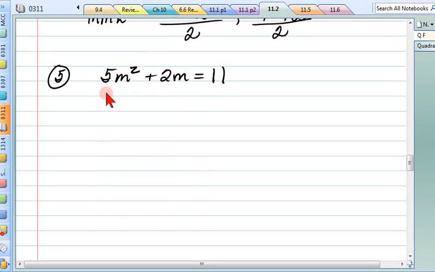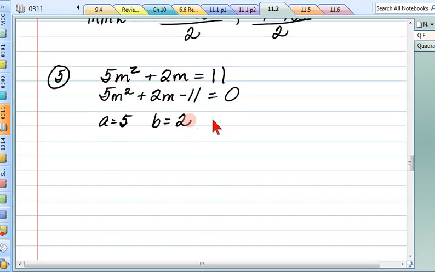No. I would have to bring the 11 back over on this side, so I have 5m squared plus 2m minus 11 is 0. A is 5, B is 2, and C is negative 11.